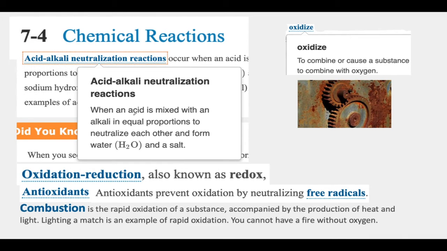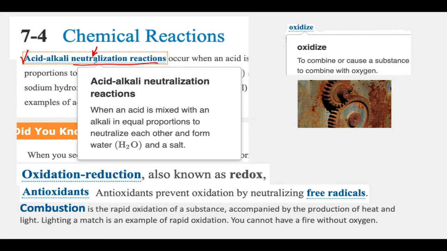Something that we will talk about in the future, in section 7.4, is chemical reactions. Just for our reference right now, let's get a basic idea. We will talk about acid and alkaline neutralization reactions. The reason we're discussing it right now is that when we start looking at water and pH, this concept of neutralization will become important.